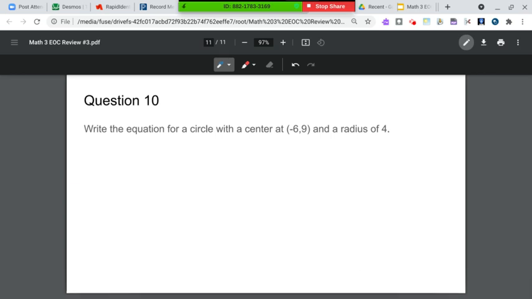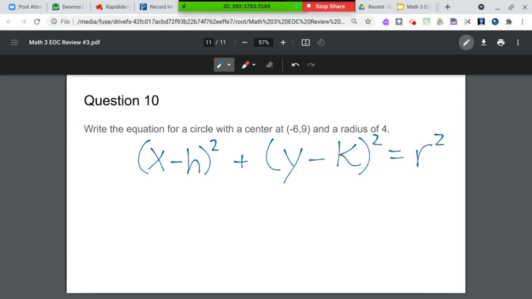Write the equation for a circle with a center at (-6, 9) and a radius of 4. This brings us back to the question that we did a few above. I can't remember the number, but we're going to use the formula (x - h)² + (y - k)² = r².